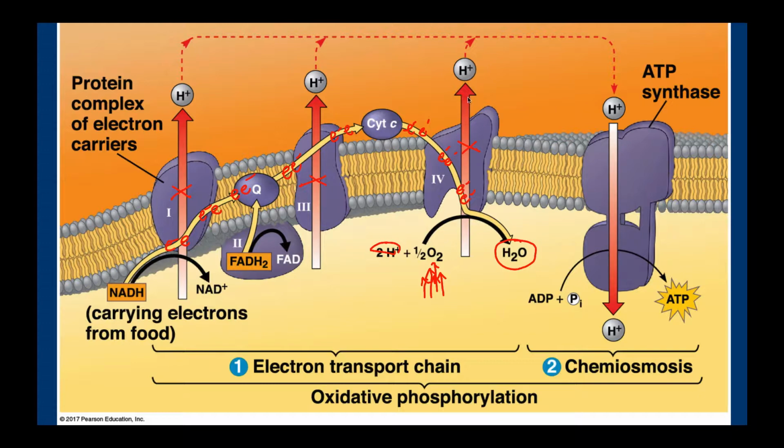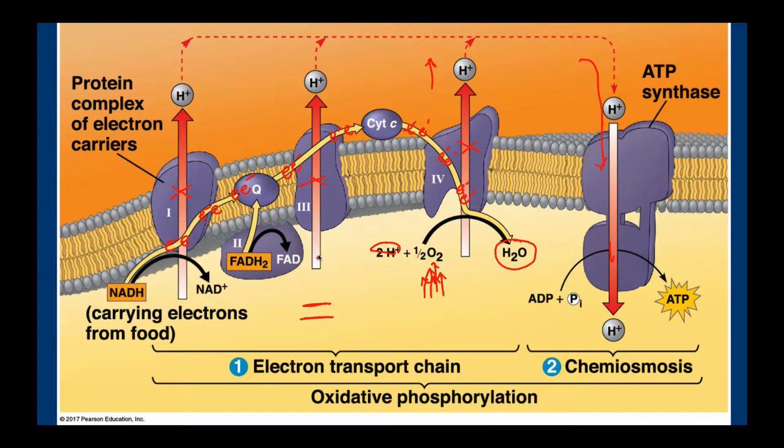And if we stop the pumping of these hydrogen ions into the intermembrane space, they will simply diffuse back to the matrix side, and they will do so until they reach an equilibrium.